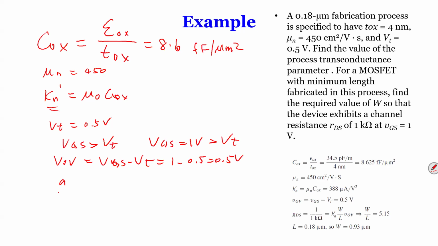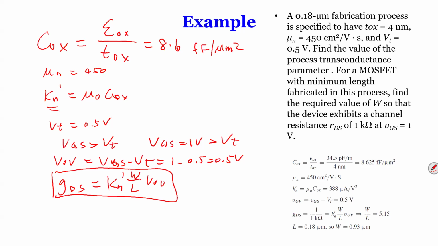And our GDS can be calculated. In the book, it gives you the equation: Kn prime times W divided by L times VOV. Now, this equation is calculating the resistance between drain and source. And remember, the device structure is like this.